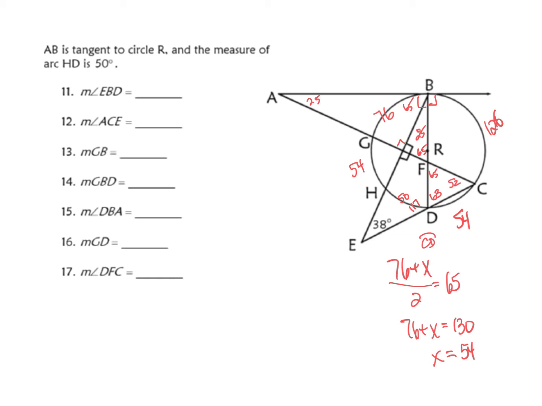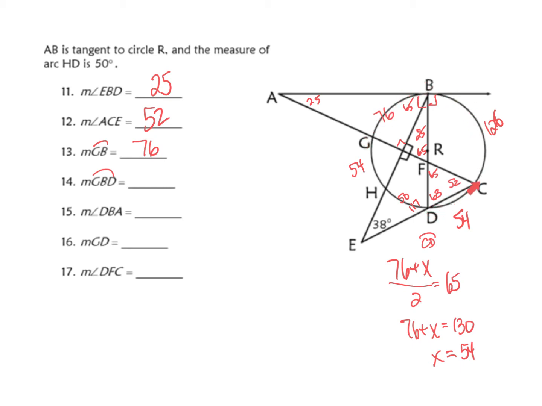All right, so let's go through this. Number 11 says angle EBD. So EBD, that's 25. Angle ACE, we have labeled as 52. Arc GB is 76. Arc GBD, so this is the long way around. Remember, if it has three points, G to B to D, I need to go the long way around.